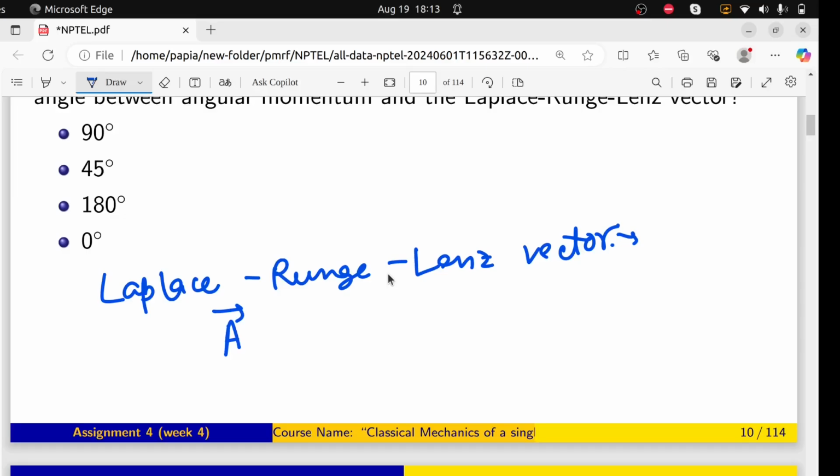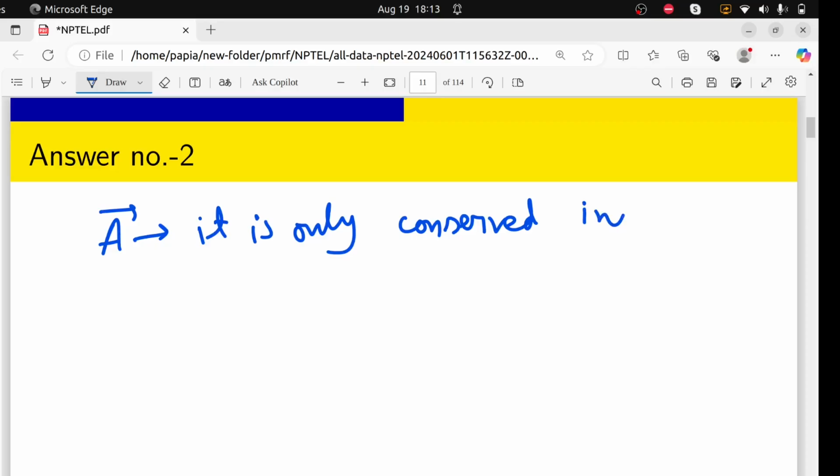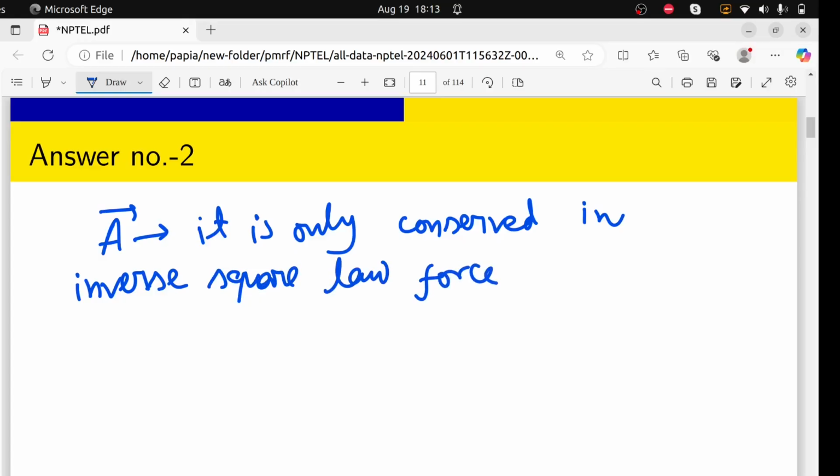So A, right? It is only conserved in inverse square law force.